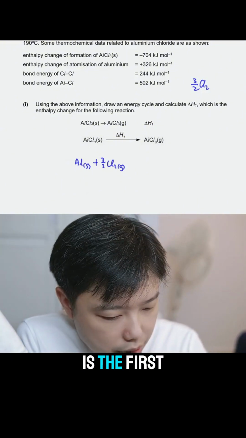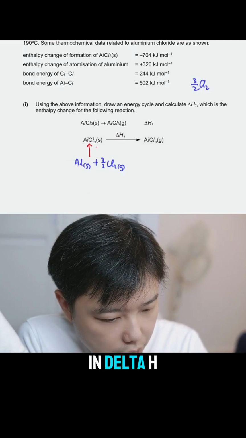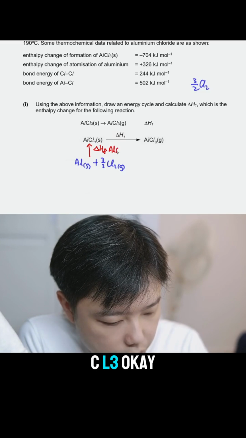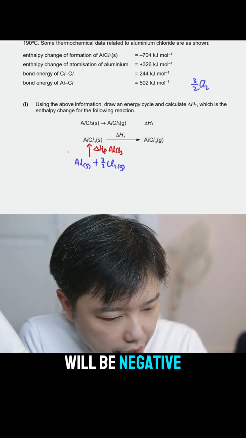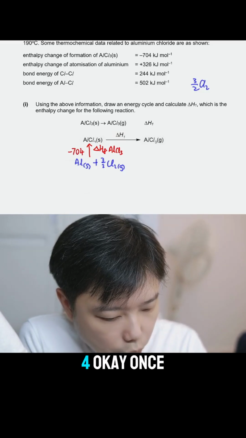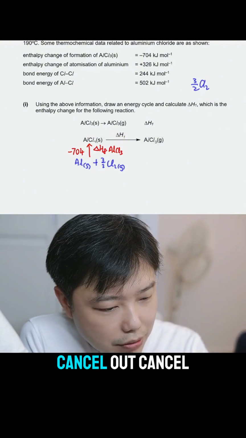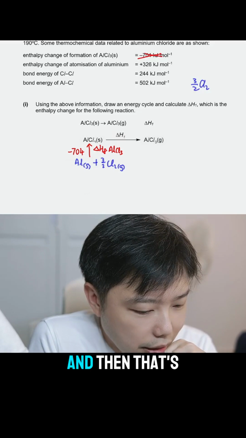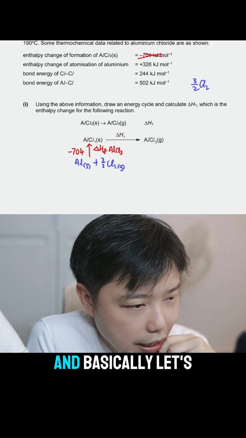This is the first enthalpy, and we put the delta H formation of AlCl3 on it. This number will be -704. Once you have used it, just cancel out the enthalpy. So we have used up one of the enthalpy changes.